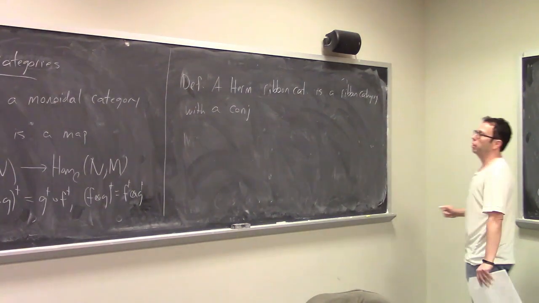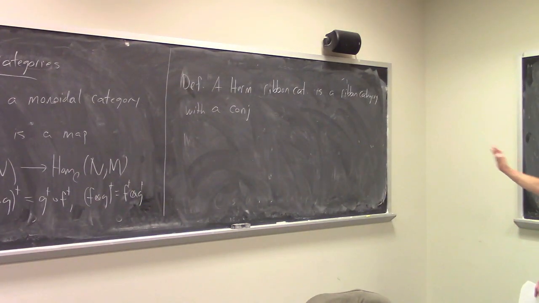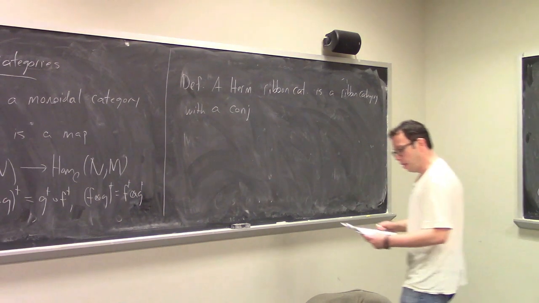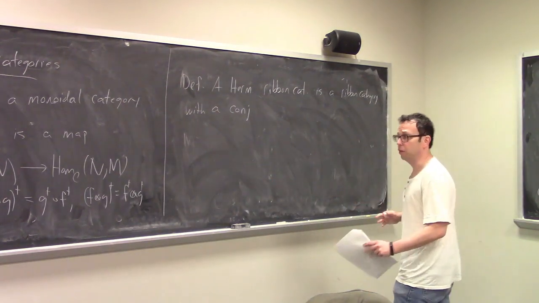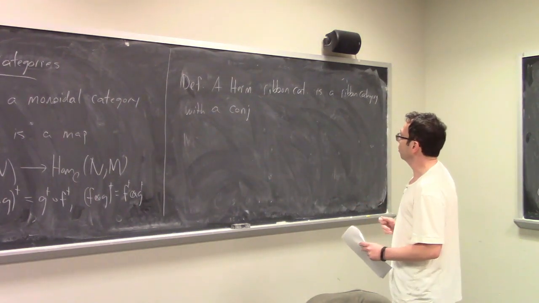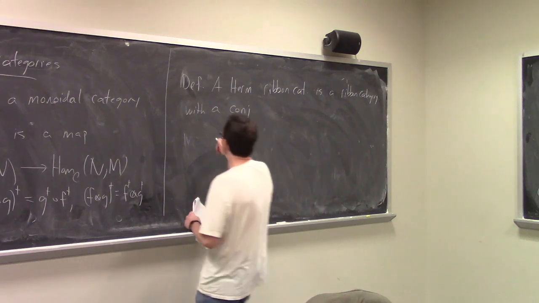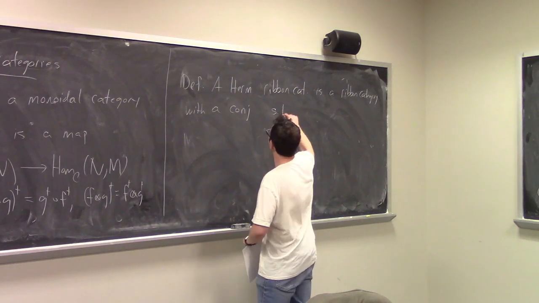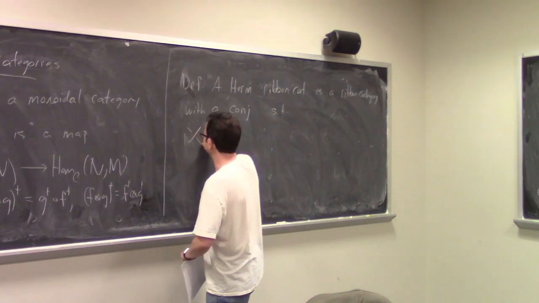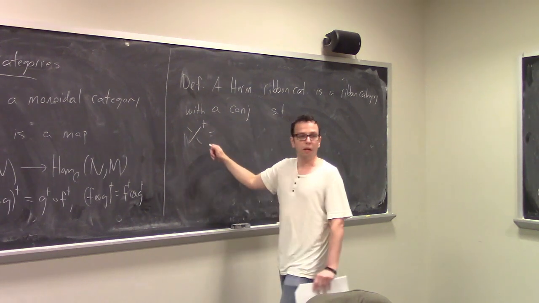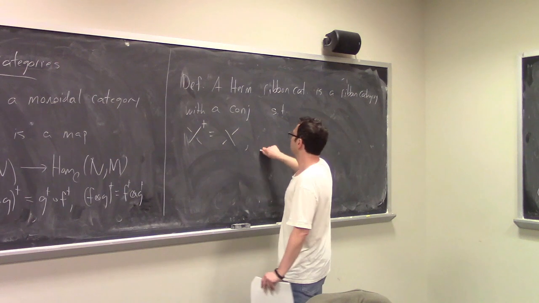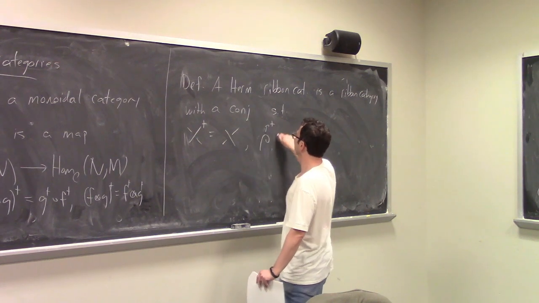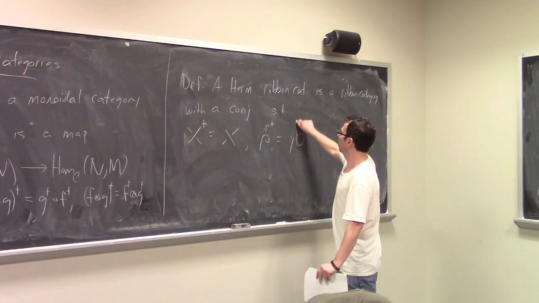For example, this category. A ribbon category is a monoidal category with some extra structure. How does this dagger interact with the other structures in a ribbon category? The braiding, which I'll just denote by this: the dagger of this is the inverse braid. The dagger of the ribbon element is the inverse.